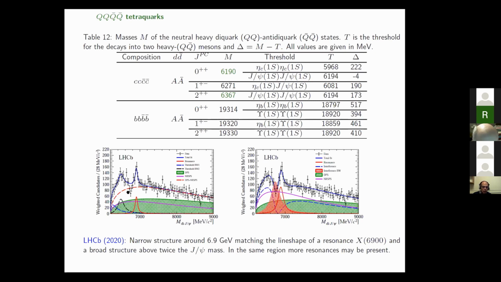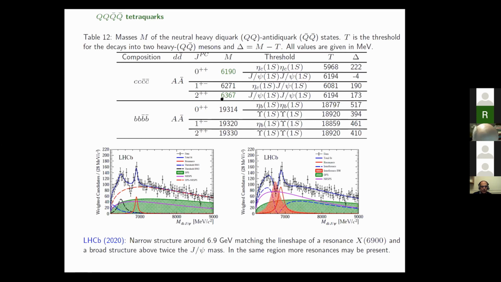And there is also a broad structure here, which is about twice the mass of the J/psi. And they also say that in the same mass region, some more resonances can be present. So here can be another resonance located here.